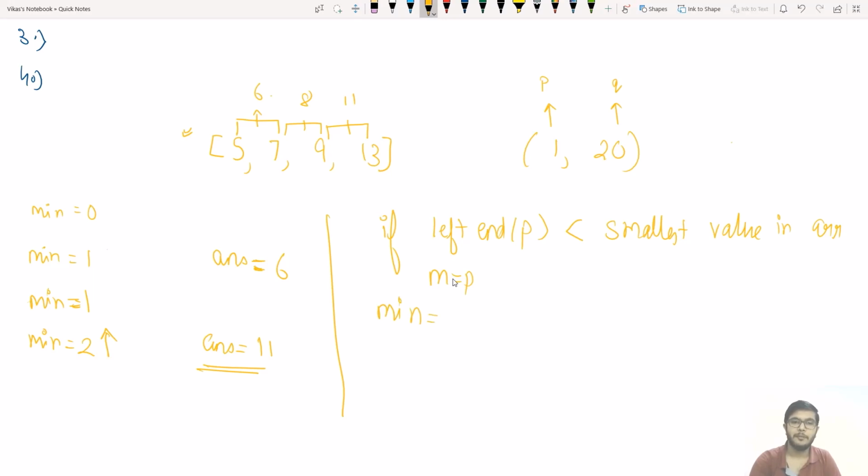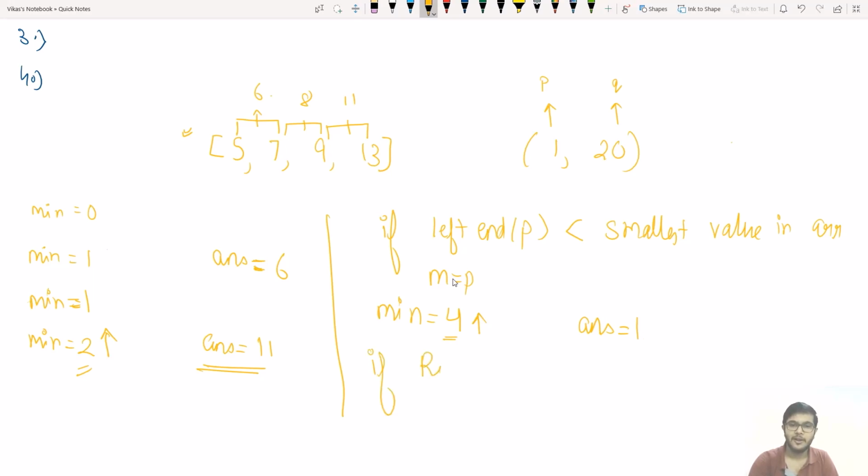So finding the min from m equals P, where P is 1, 1 minus 5 gives me 4. So my min is maximized because my min is greater than the previous min, that is 2. So now we are going to store this m, or we can say this P, in our answer. So my answer is going to be now 1.